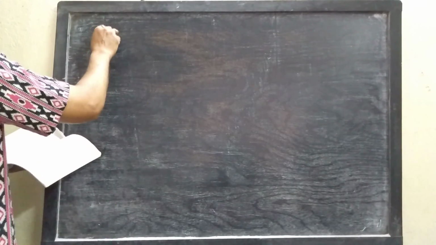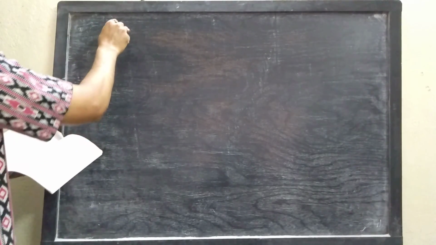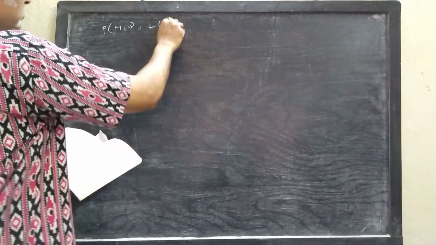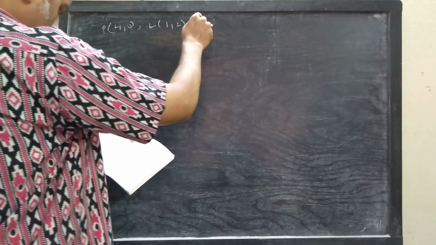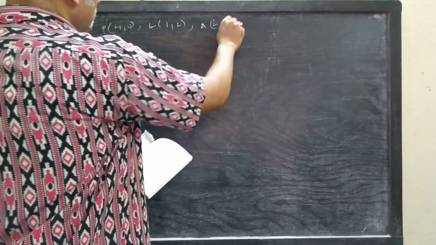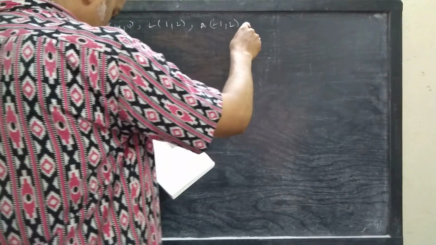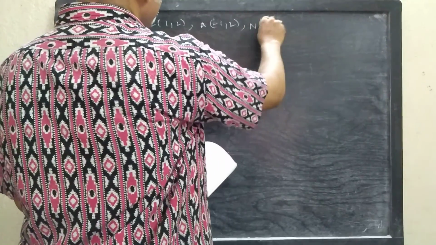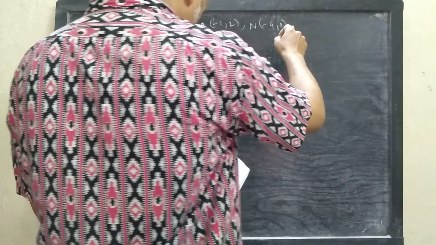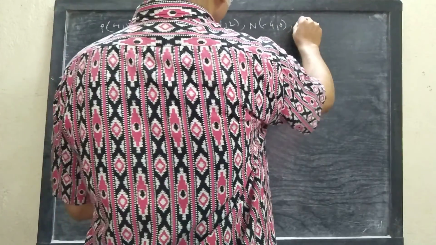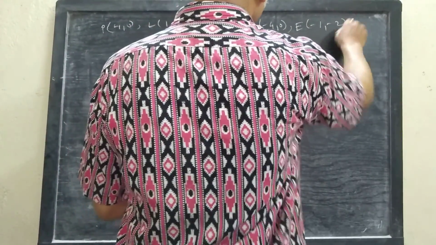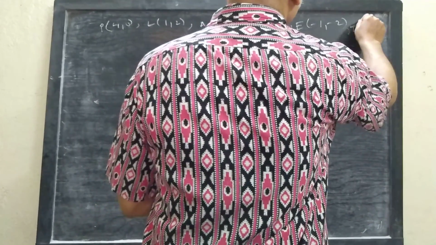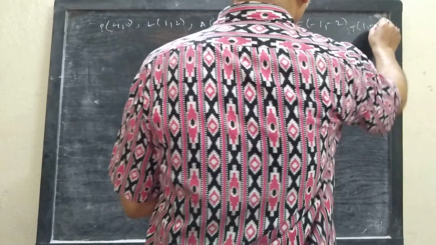You are asked to plot the points P 4, 0, L 1, 2, A minus 1, 2, N minus 4, 0, E minus 1, minus 2, T 1, minus 2.